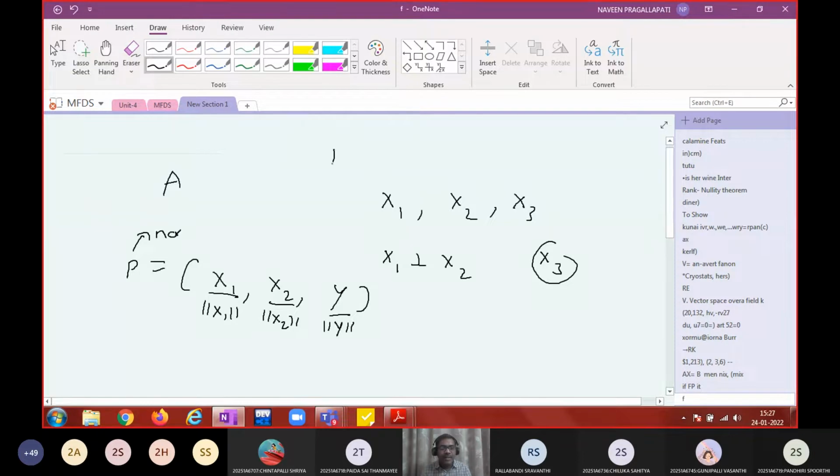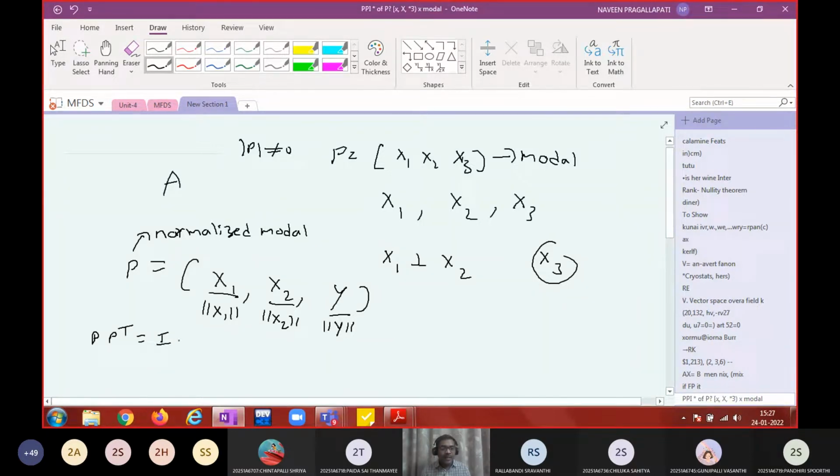Previously, if you form the matrix P with only x1, x2, x3, which are linearly independent, this is just called a model matrix. This is called the normalized model matrix. The model matrix is just a non-singular matrix, but the normalized model matrix is an orthogonal matrix. That means P transpose P equals the identity matrix, in which any two vectors are perpendicular and the magnitude of each vector is 1.